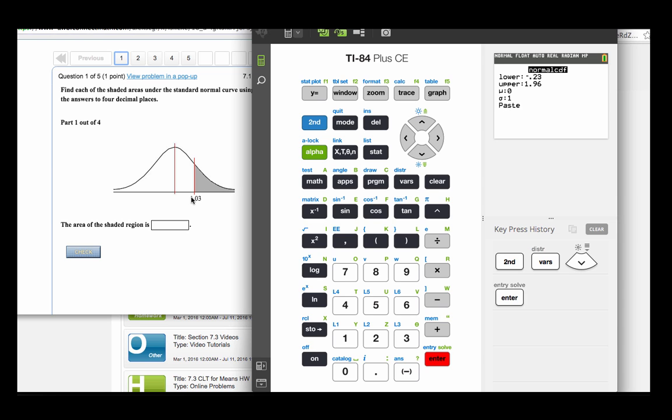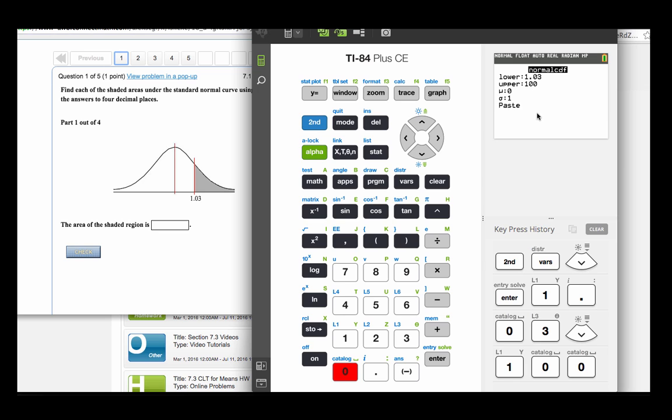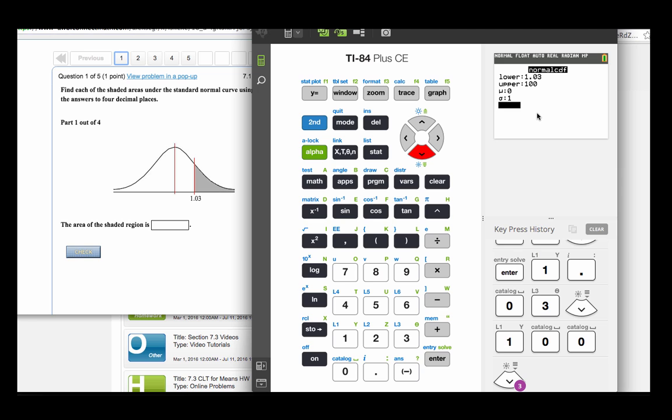So I'm going to put 1.03 for this lower value. And then for the upper value, I'm just going to put something like 100. Just some number significantly larger than 3, so that I capture all of the area in that tail. So then we'll come down and we'll hit paste.